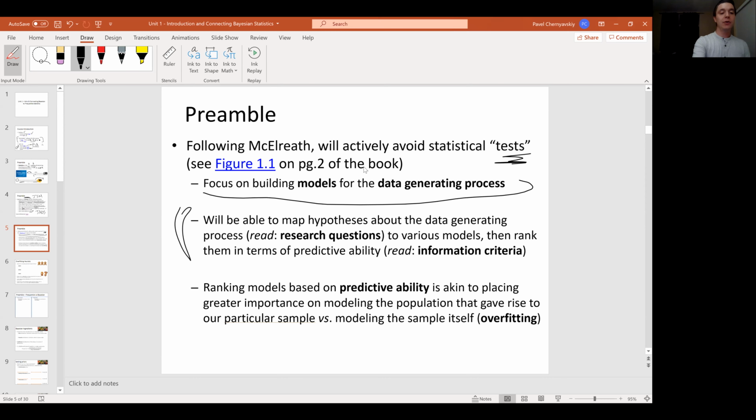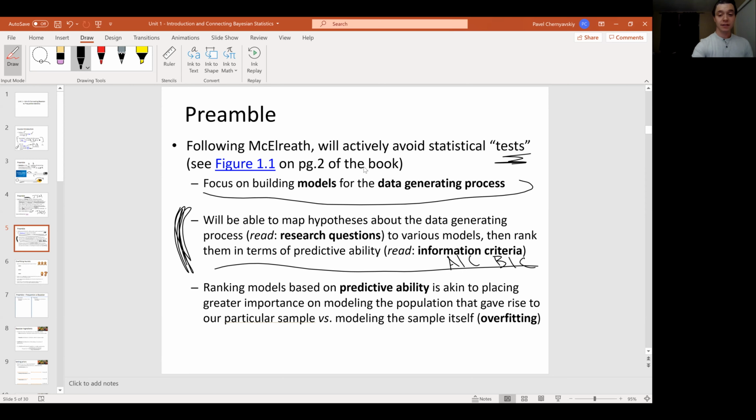By focusing on modeling, model building, and the data generating process, we'll actually be able to rank models for the same data set, that's key, the same data set, according to their predictive ability, according to their information criteria. Some of you may have heard of the AIC. Some of you may have heard of the BIC.